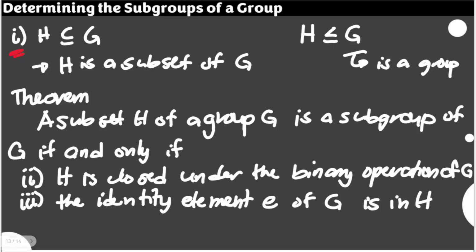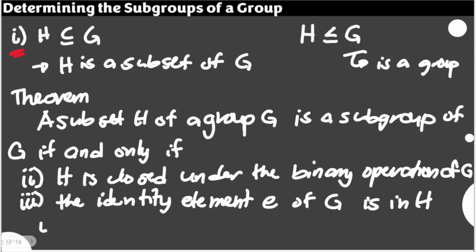Since H is a subset of set G, the same identity element must be present there. There should be no way that there is an identity element in the subset H, or the subgroup H, that is different from the identity element of the bigger set G, because it would violate the uniqueness of the identity element.